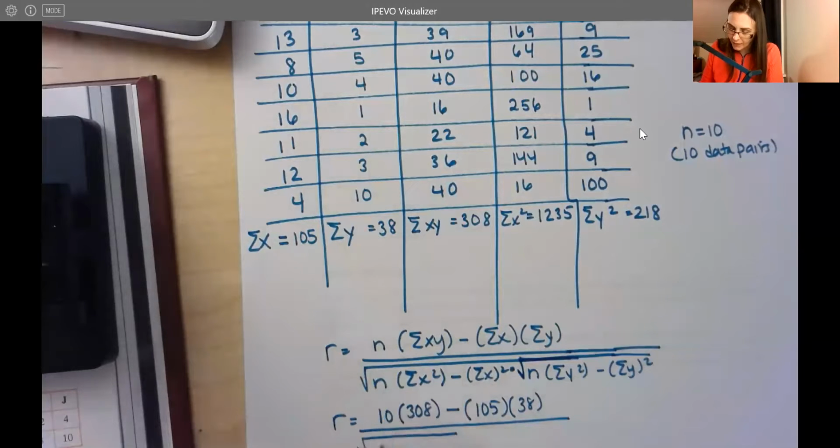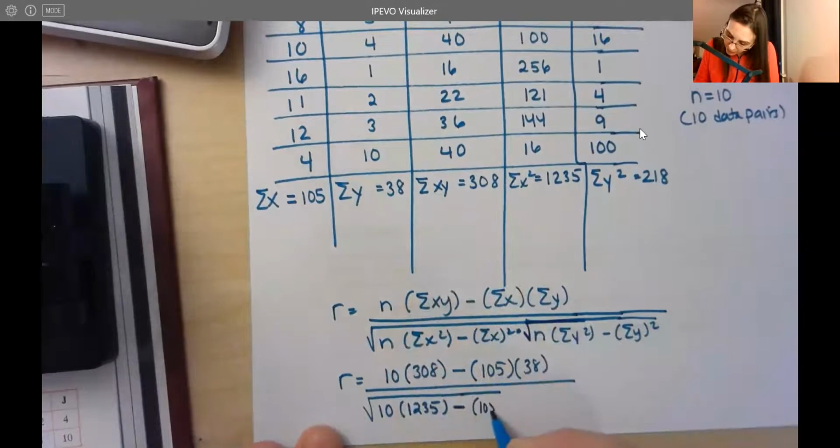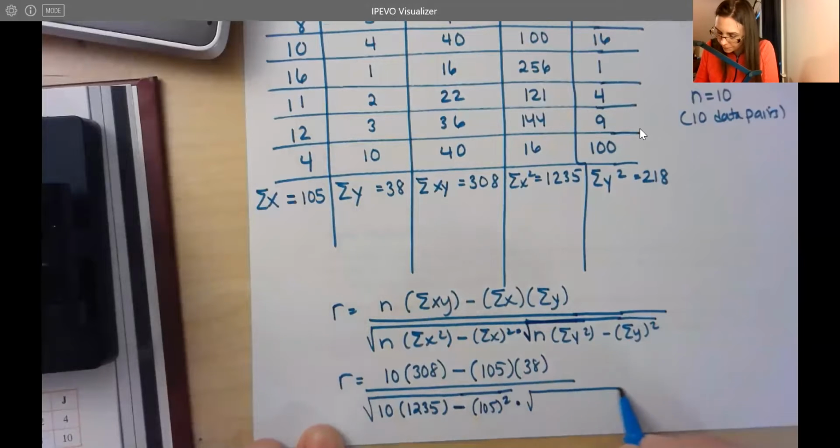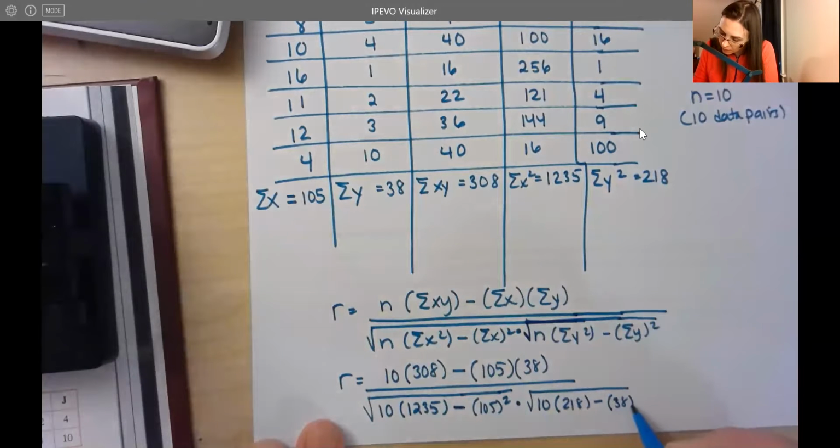Again, I have 10 times the sum of the x squareds, 1235, minus the sum of the x's, which is 105, and then we're going to square that value. Now my second root, 10 again, times the sum of the y squareds, which is 218, minus the sum of the y's, which is 38, squared.